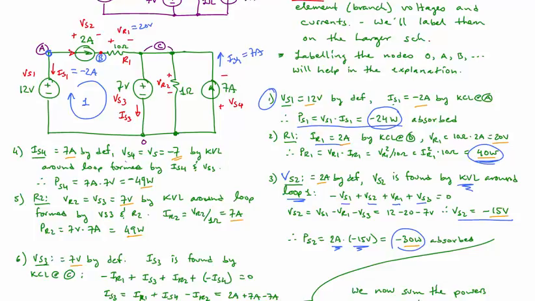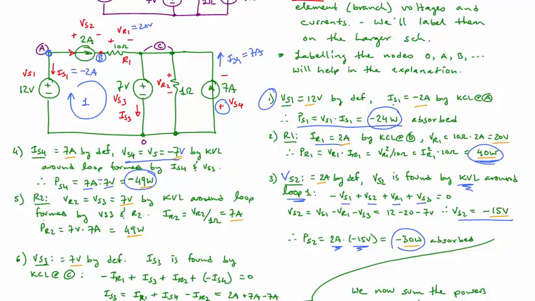So VS4 is equal to actually minus 7 volts because of the polarity here. All right, and so now power, PS4, power absorbed by that 7 amp source is going to be 7 amps times 7 volts. Sorry, minus, there should be a minus there. 7 amps times minus 7 volts, leading to minus 49 watts. So minus 49 watts is absorbed. In other words, it's delivering 49 watts.